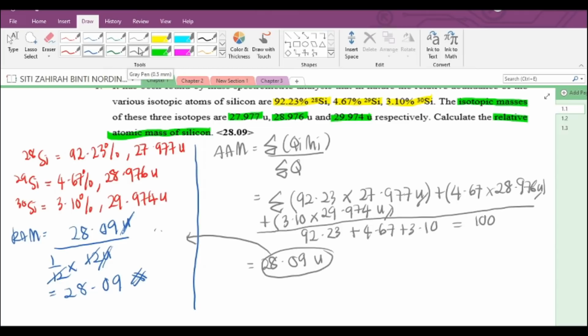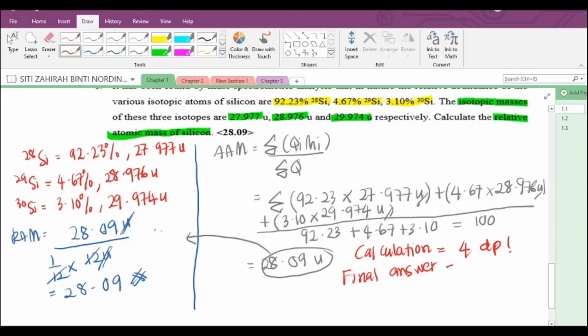And one thing I forgot to mention, that for chemistry SK015, your calculation must be in 4 decimal places, but your final answer must be in 2 decimal places.